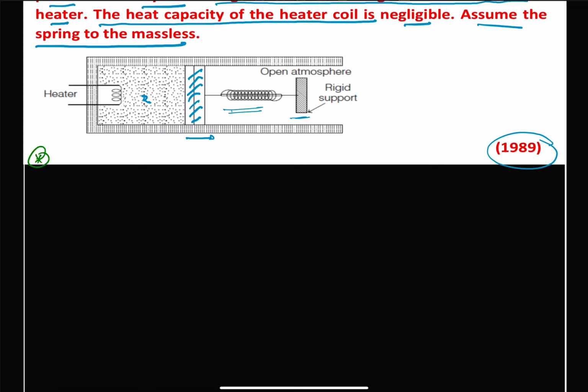First we are given that it is a monatomic gas.